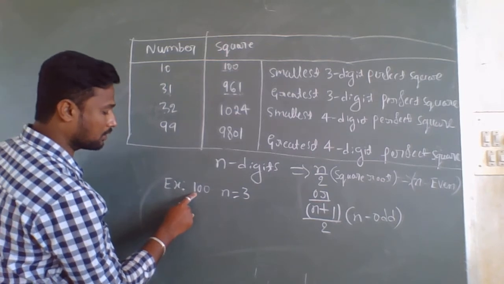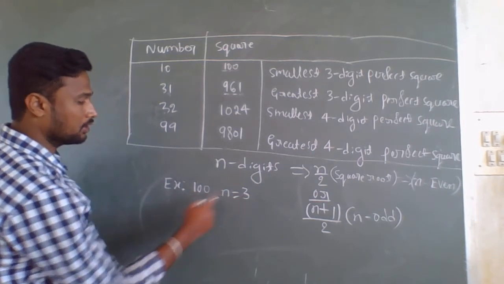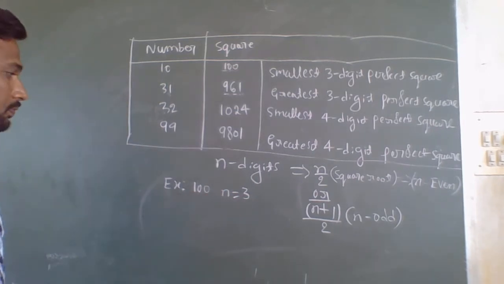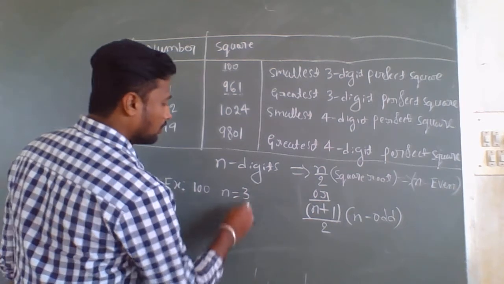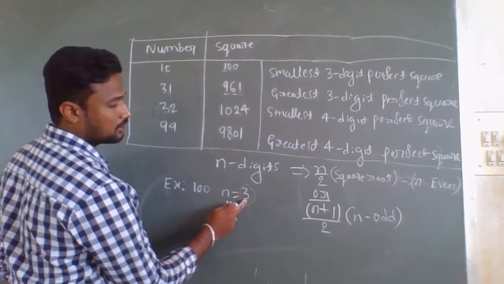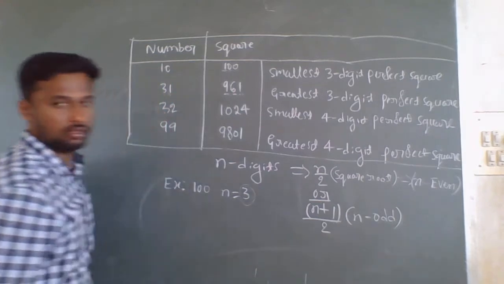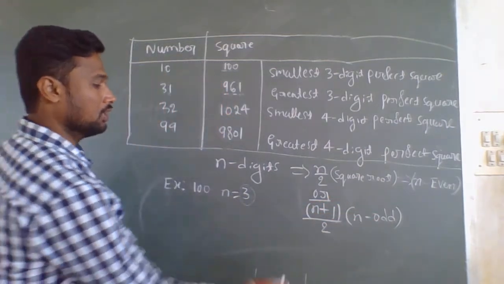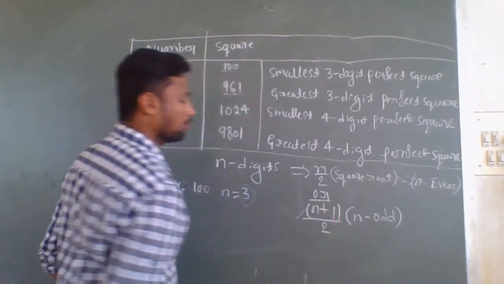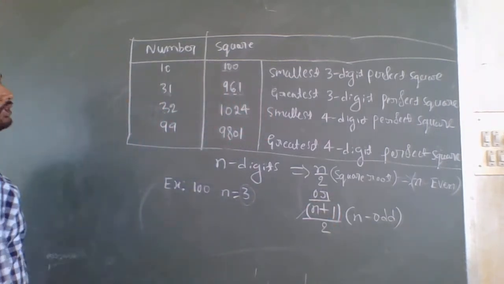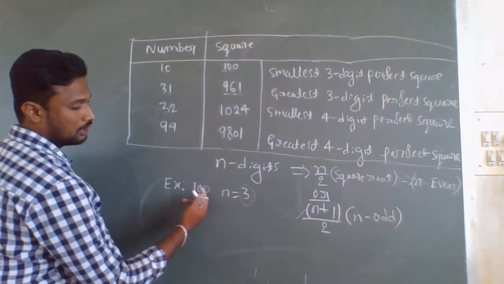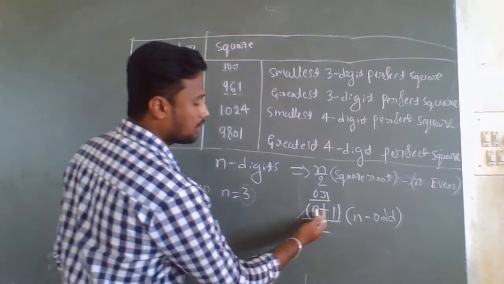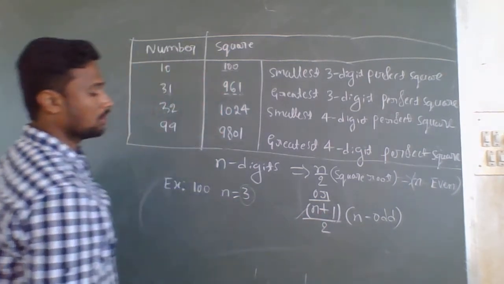So n is equal to 3. Now, is this 3 an even number or an odd number? 3 is an odd number, so we have to use this formula: its square root contains n plus 1 by 2 digits.